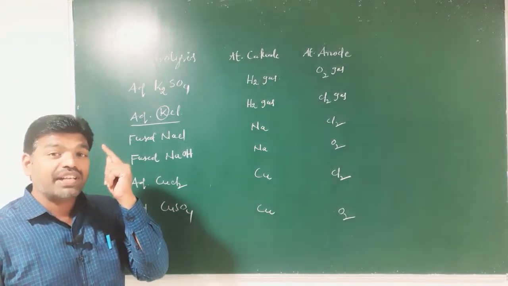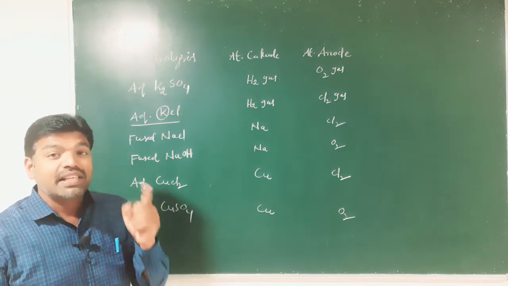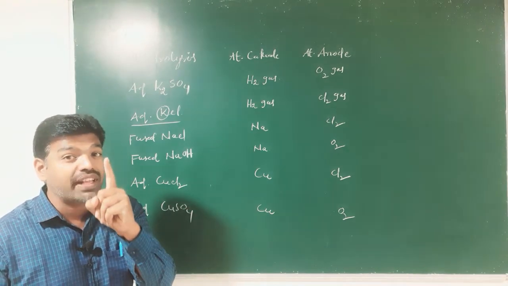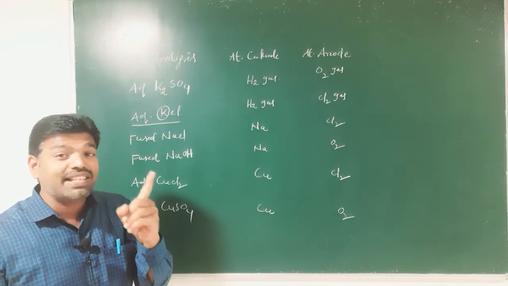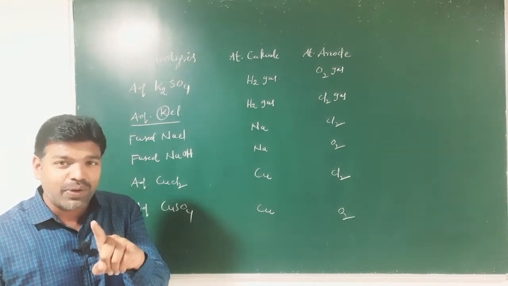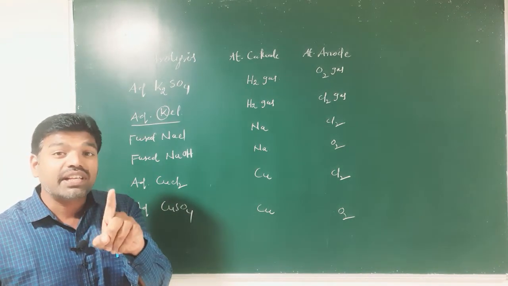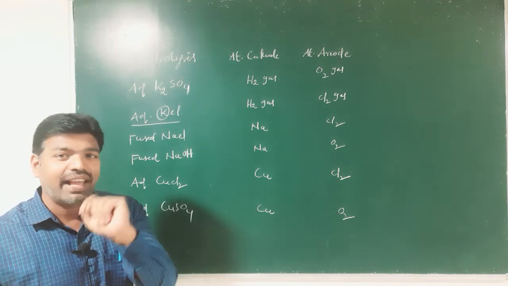Keep this point in mind: if metal is more reactive than hydrogen, then hydrogen gas is liberated at the cathode.